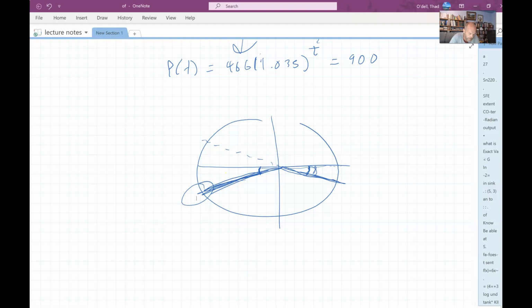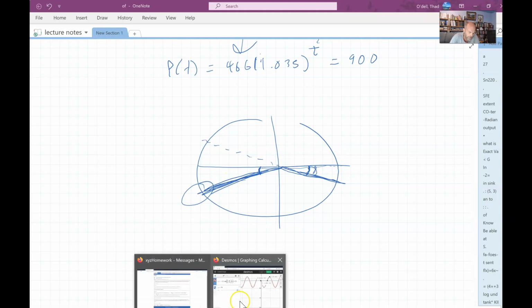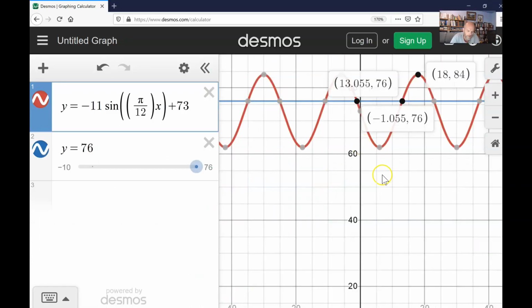I think it's easier to look at the graph itself. We've got too many things in here, so let's get rid of that one, that one, and that one.